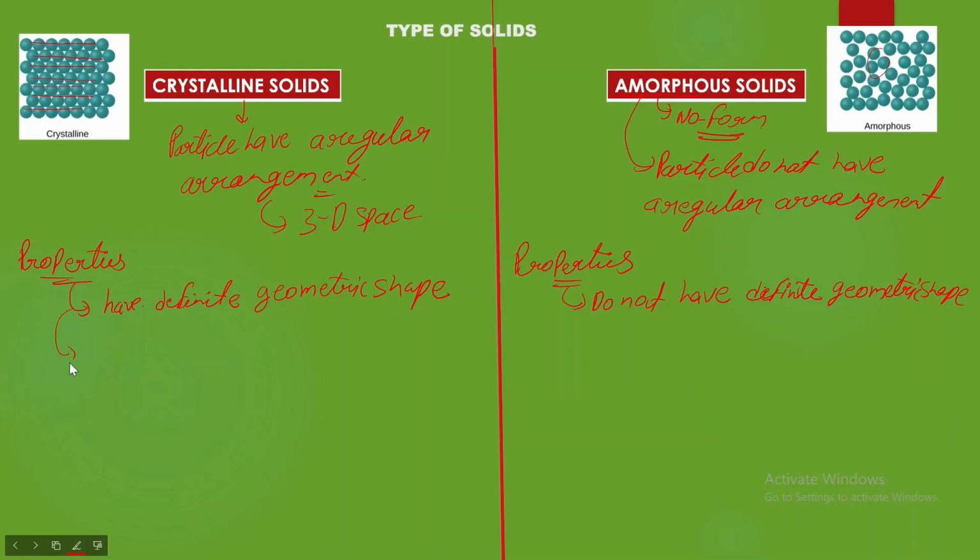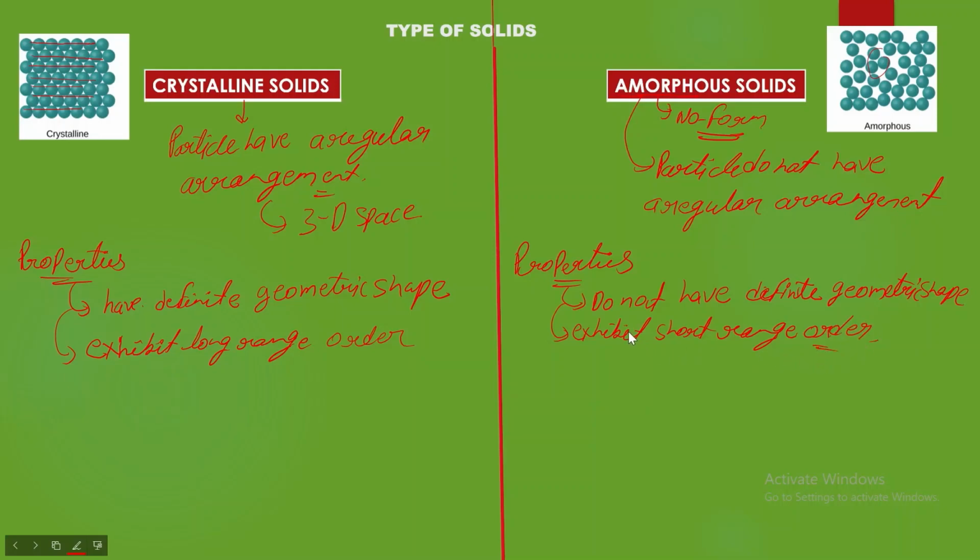Next property: due to regular arrangement, crystalline solids exhibit long range order. Due to irregular arrangement, amorphous solids exhibit short range order.